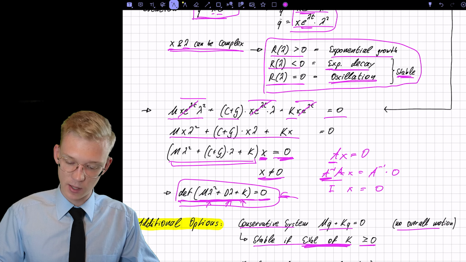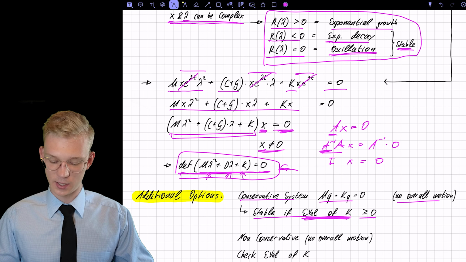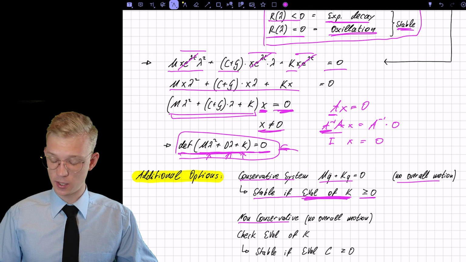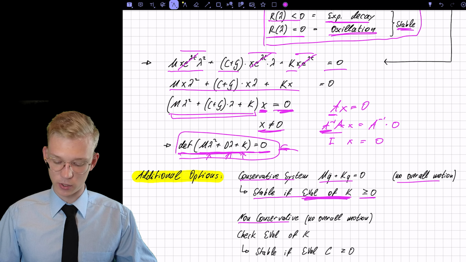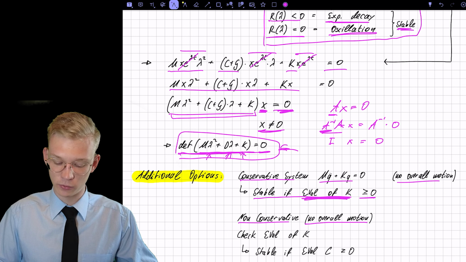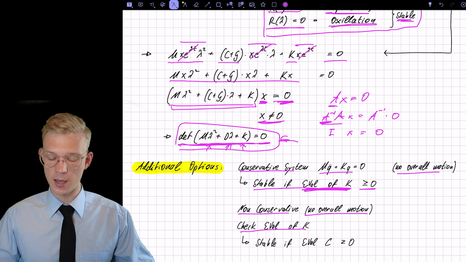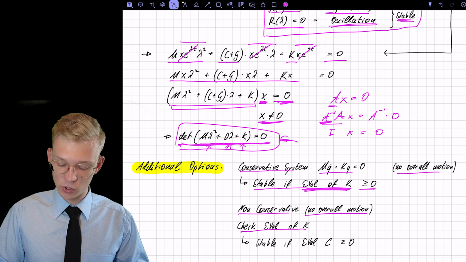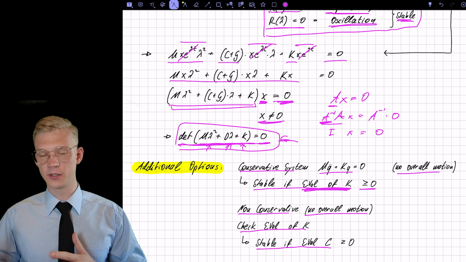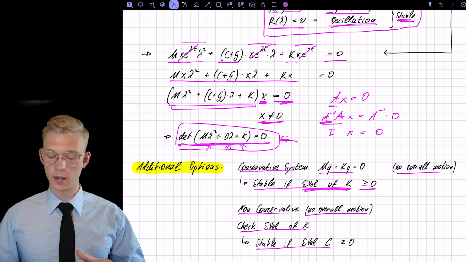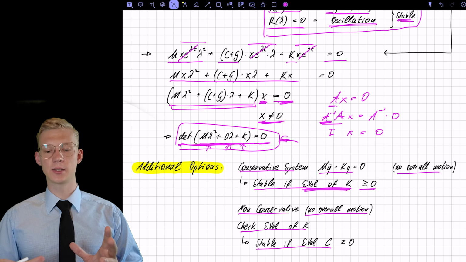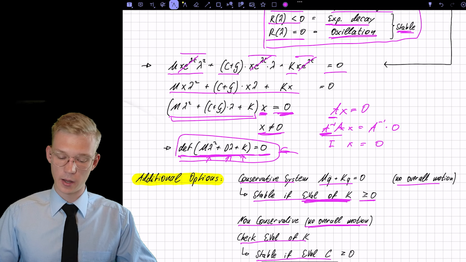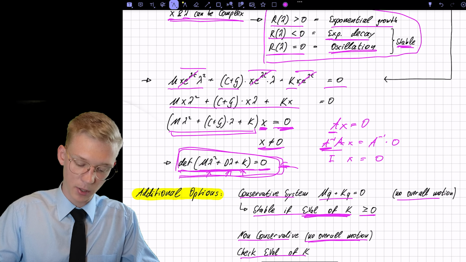If we have non-conservative forces, so that we have a D matrix, but no overall motion, it's enough to first check the eigenvalues of K, and if that system would be stable, then we just need to check the eigenvalues of C, and if those are also larger than or equal to 0, our system is stable. If we have overall motion, then we always need to apply this equation.